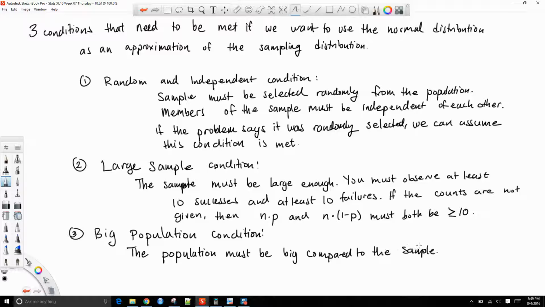So the population must be ten times bigger than the sample, or more.